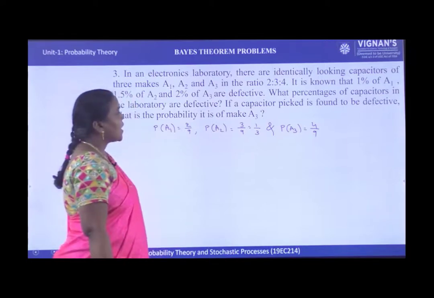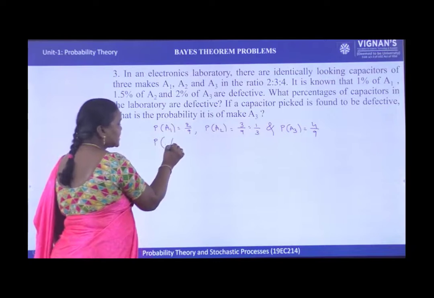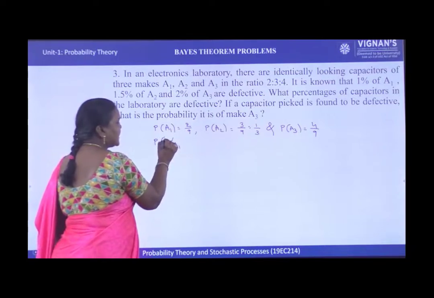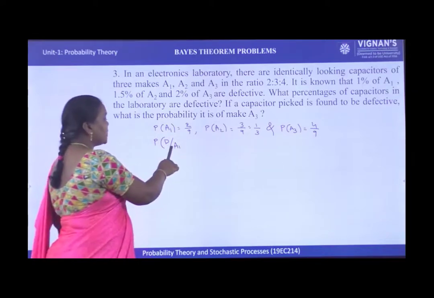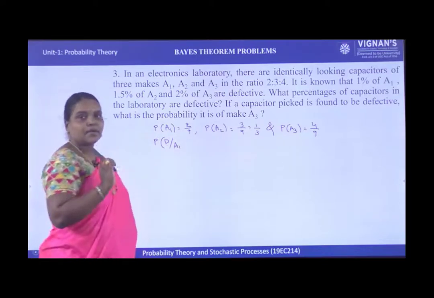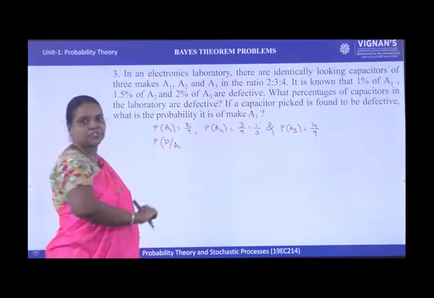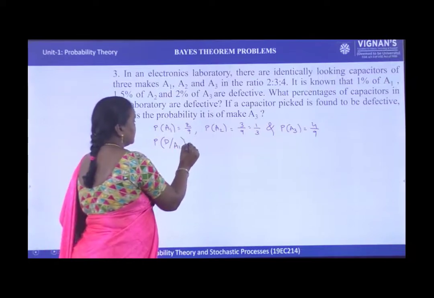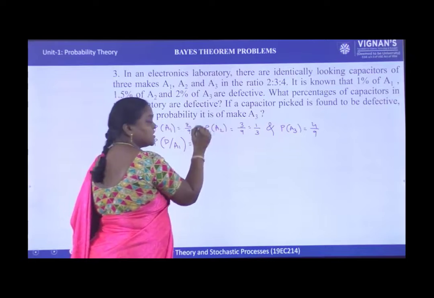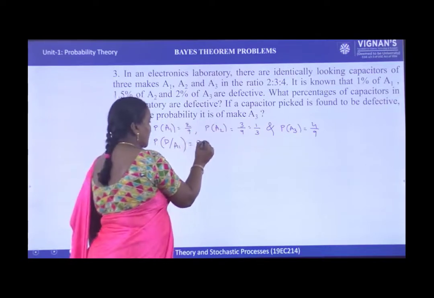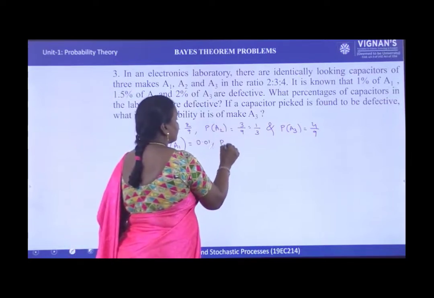Right? And the defectiveness means, if the product is A1, what is the probability it is defective? See, in the conditional probabilities, the denominator shows the condition. That is, if the product is A1, what is the probability it is defective? Okay, it is equal to how much percentage? 1%. So 1% means 1 by 100, it is nothing but 0.01. Next, P of D by A2.